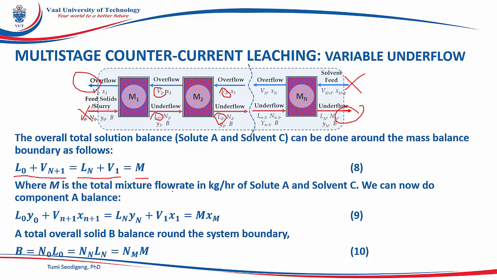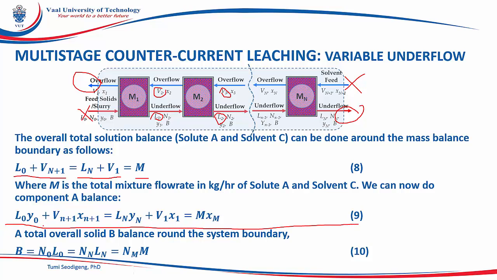Where M is the total mixture flow rate in kilogram per hour of solute A and solvent C, which are contained in the input or the output. We can also do component A balance by using the mass fraction of solute A and multiply them by the total solution flow rates as obtained in equation 8 above. We end up with equation 9 here.